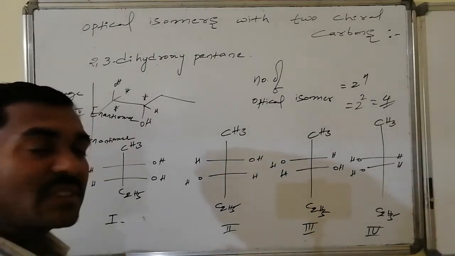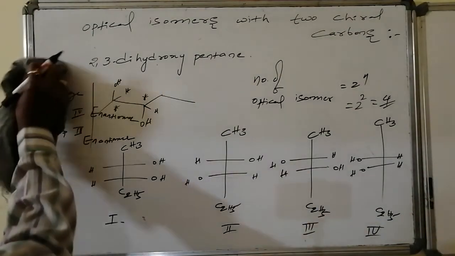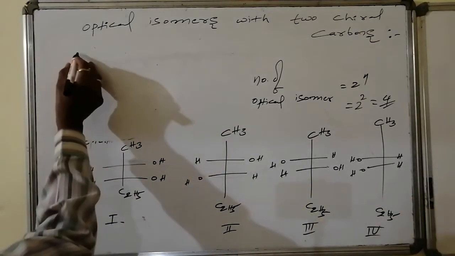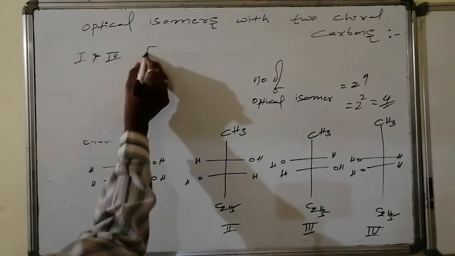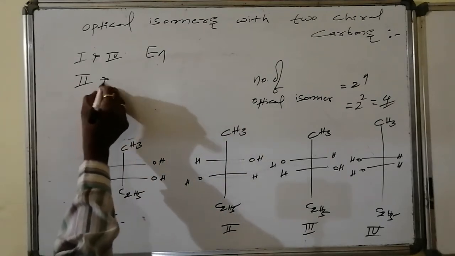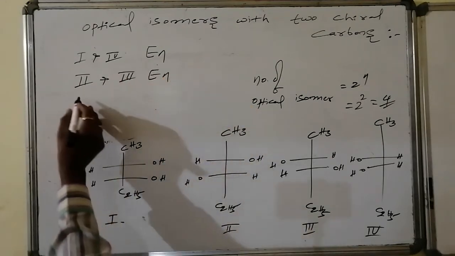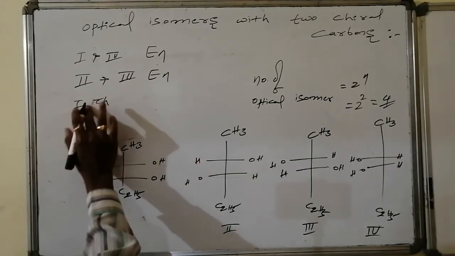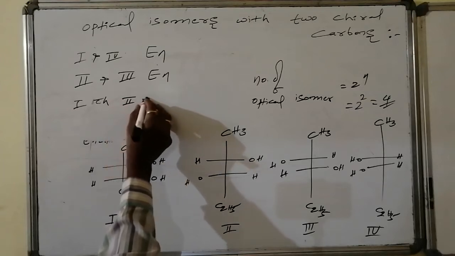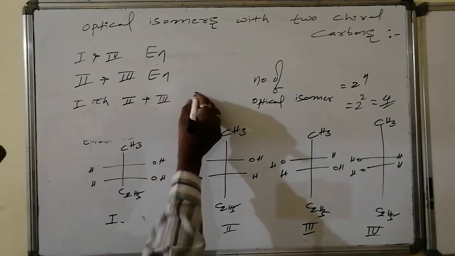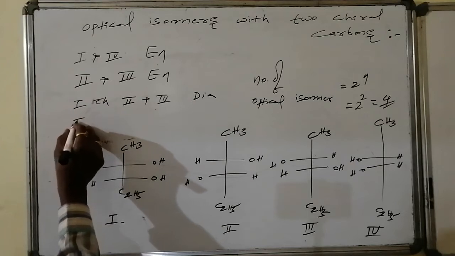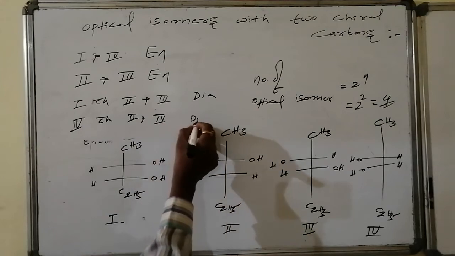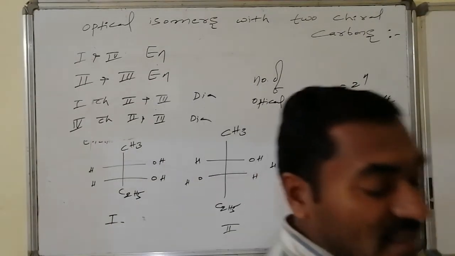If I write the list, after looking at the structures, 1 and 4 are enantiomers. 2 as well as 3 are also enantiomers, whereas 1 with the second and third, both are diastereomers. Similarly 4 with the second and third are also diastereomers. In that way the relationship is present.